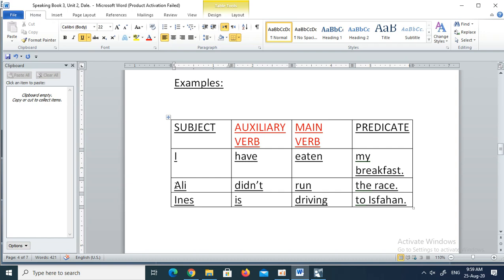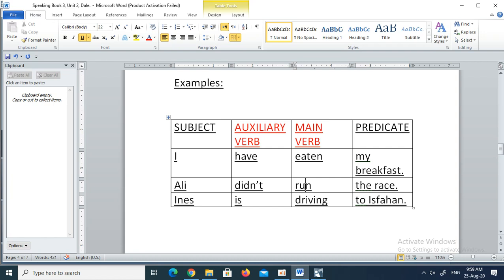If we look at example number 2, Ali didn't run the race. Run is the main verb. Didn't is the auxiliary verb. And once again, the auxiliary verb comes in front of the main verb.